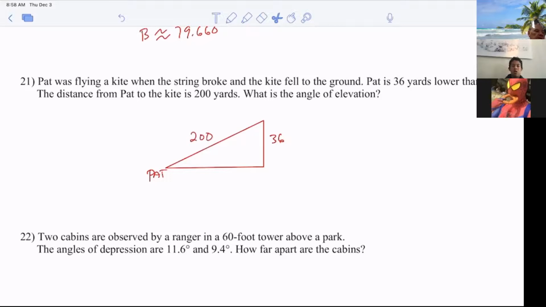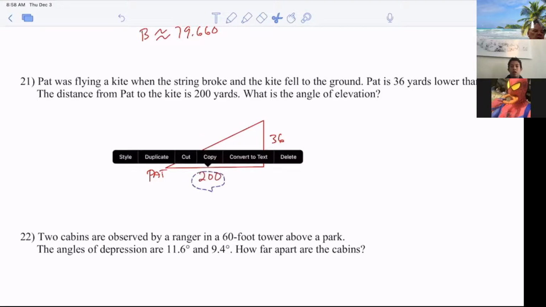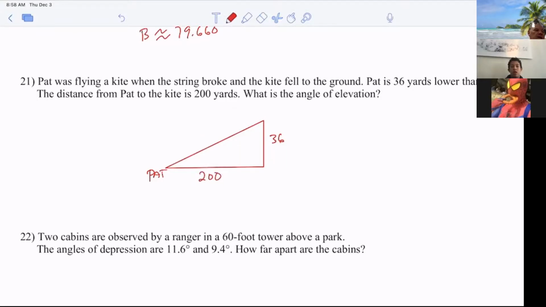So if you put 200, I wouldn't be mad if you put it there. But if it fell on the ground, just listen to what I'm saying. Here's your kite. If it fell on the ground, it fell right there. Yeah, that's what I'm saying. I agree with you.